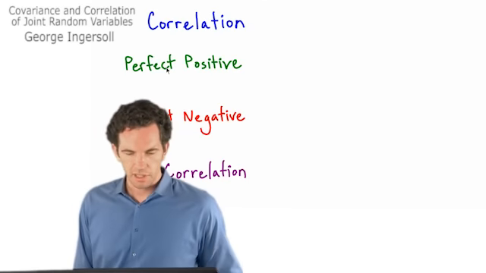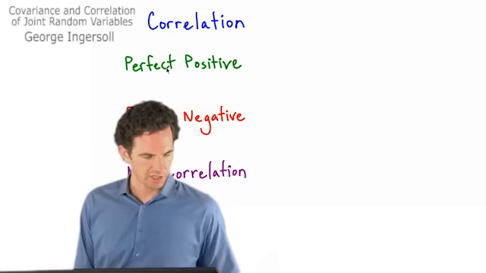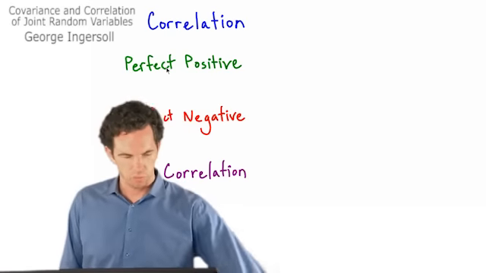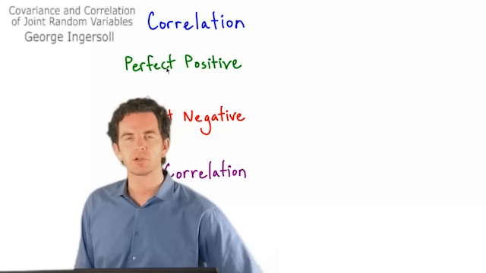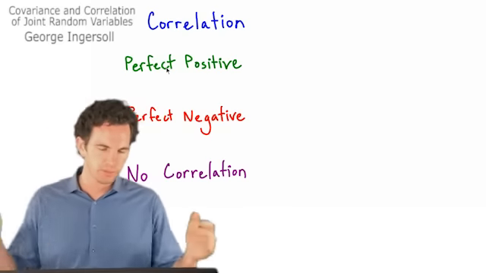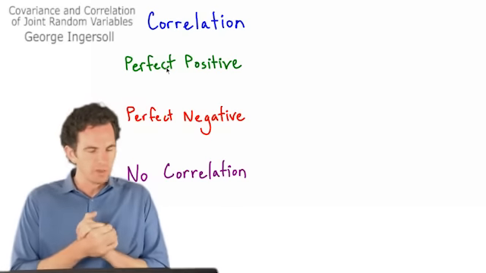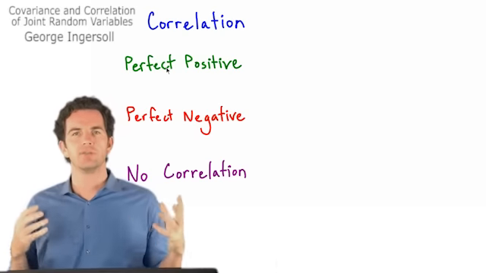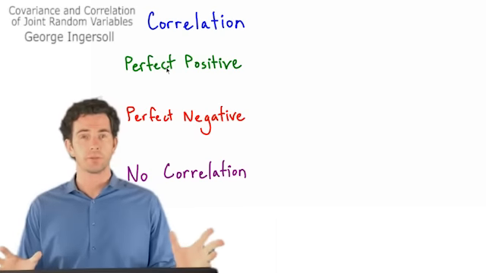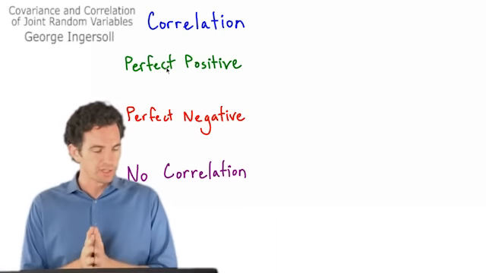All right, so let's focus on correlation here and talk about how to interpret a correlation of -1, 0, 1, all those things. So if you have a correlation of -1 or +1, it means there's a perfect association.